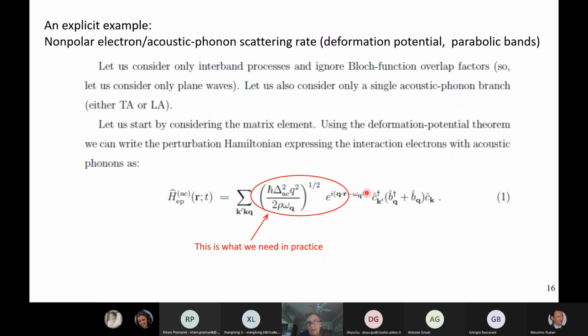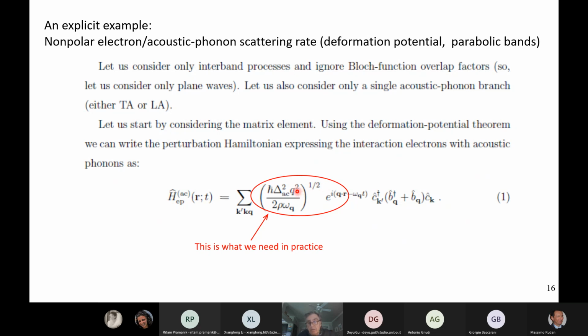This piece, the time dependence in the exponential, we will consider implicitly in dealing with Fermi's golden rule. This is where this is coming from, and we'll have an h bar omega q in a delta function that represents energy conservation. So essentially, what we need in practice is only the spatial dependence, which is a plane wave, of this factor.